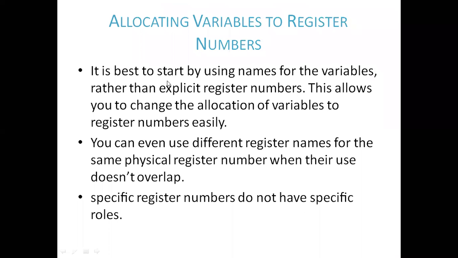So it is best to start by using names for the variables rather than explicit register numbers. This allows you to change the allocation of variables to register numbers easily. You can change the registers by just using a different variable name. You can even use different register names for the same physical register number when their use doesn't overlap.